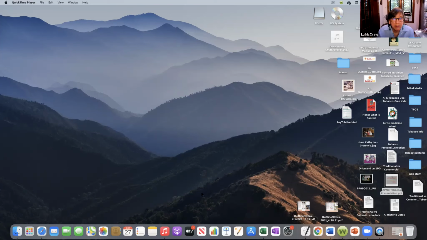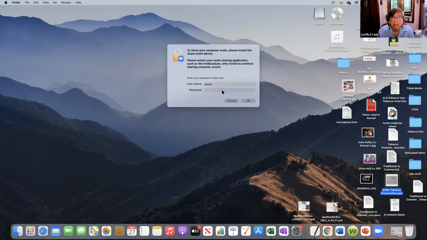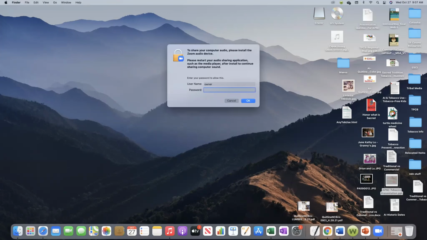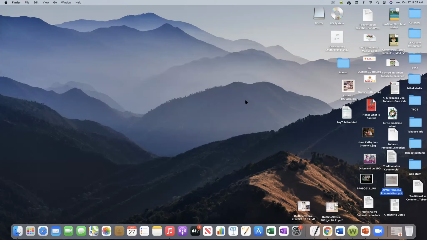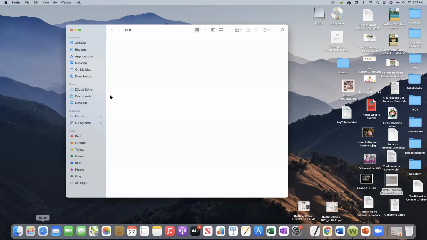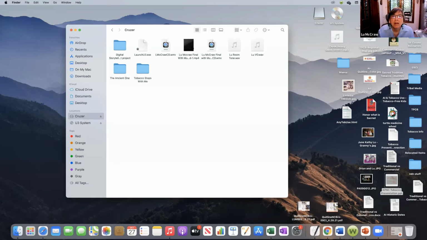Share sound. Oh, that's our screen. All right, you see view options, click that. Yep, that's still us. I'm going to go back.